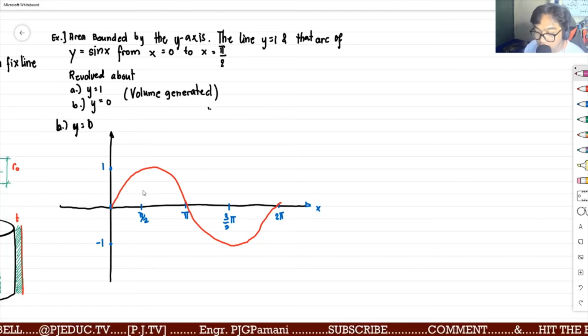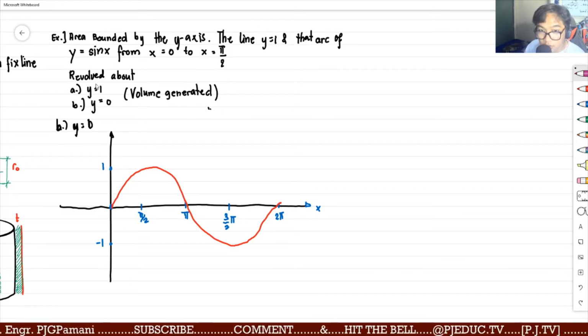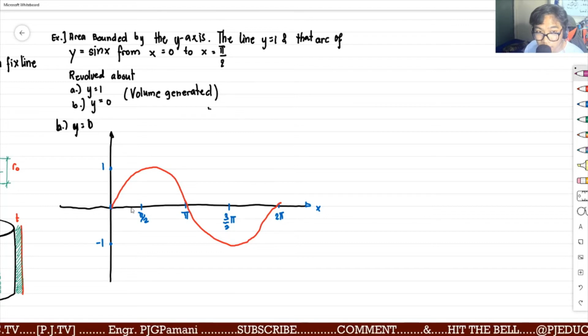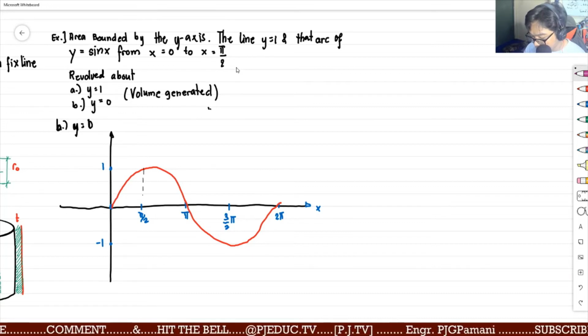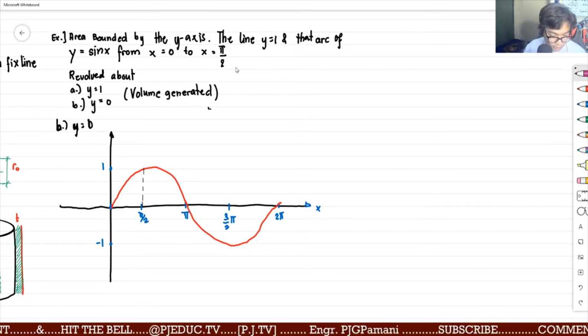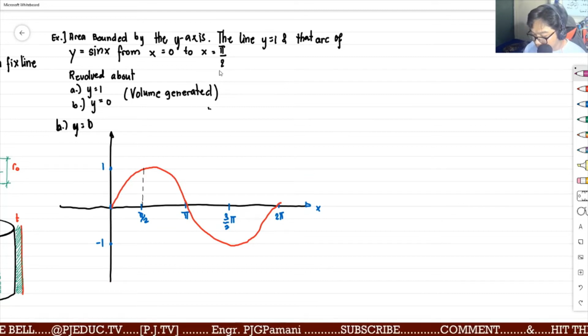Okay? And then, ang tinatanong na naman, same question, it will now revolve at y equal to 0, but only along x, along one arch, starting from x equal to 0 up to x equal to pi over 2. So, from 0 to pi over 2, ito yung ating concern na volume.